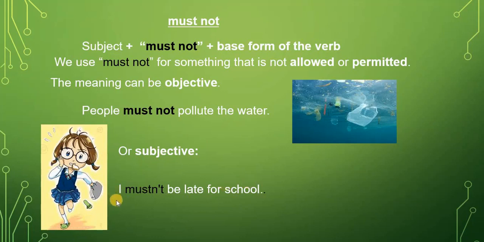Example, I mustn't be late for school. So, this is a contracted form, and this is very common, mustn't. This is a contracted form of must not.